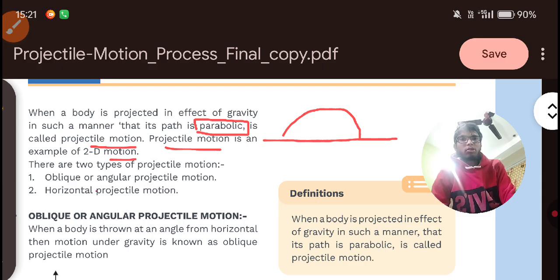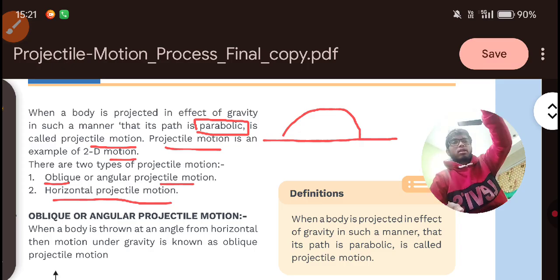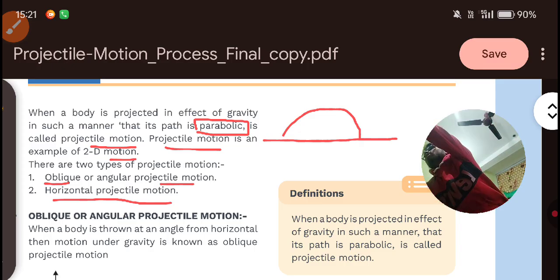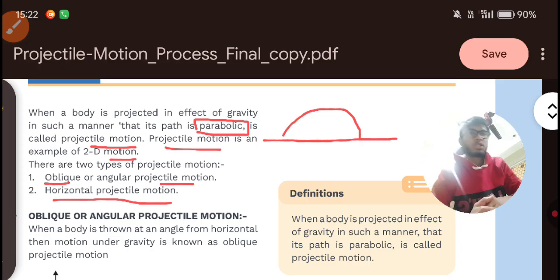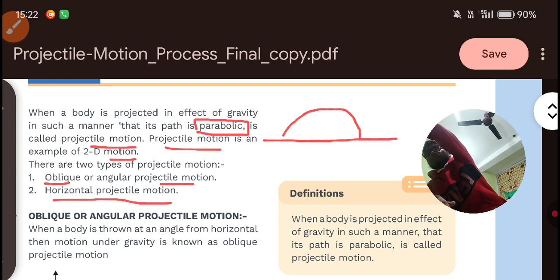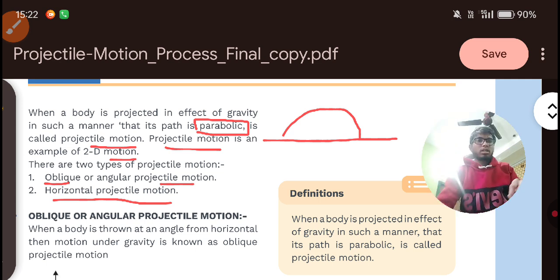There are two types of projectile motion: oblique or angular projectile motion, where the word angular is added to projectile motion, and second, horizontal projectile motion. I think oblique should be vertical, according to me.